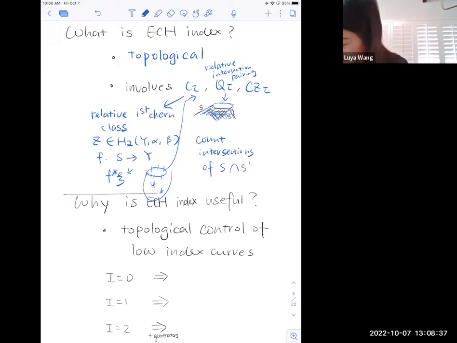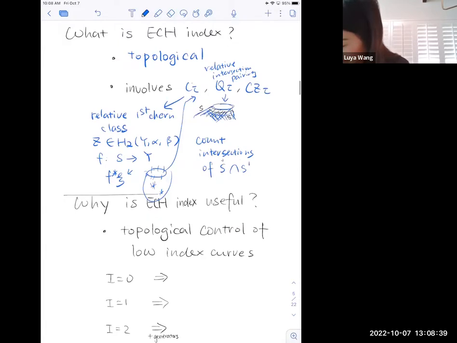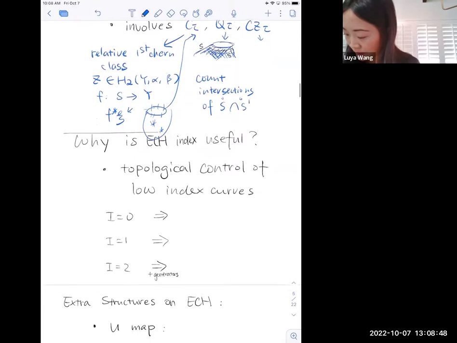And then the Conley-Zehnder index, I think people are familiar with this, roughly speaking measures the rotations of the linearized return map.